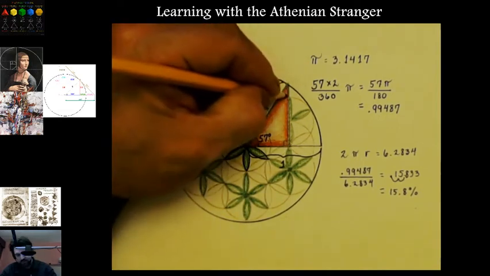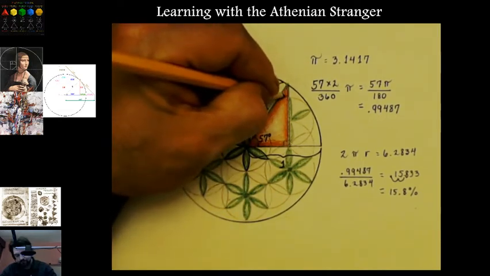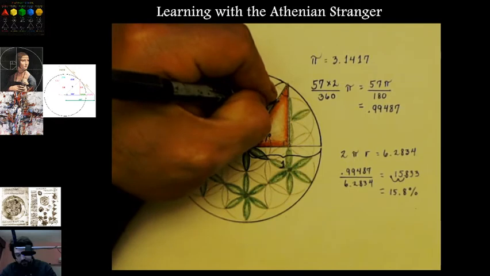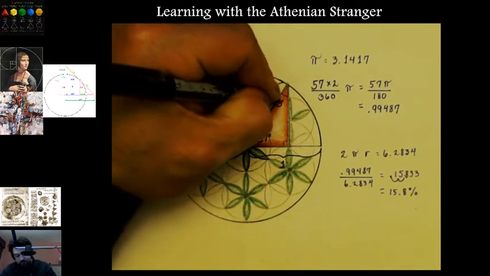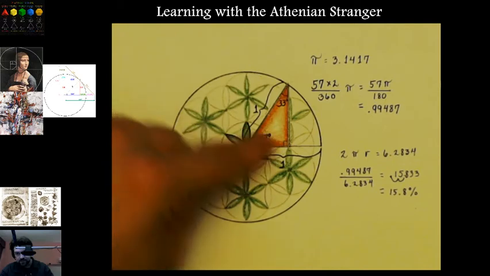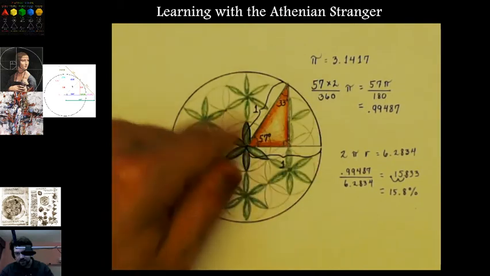Now we're going to draw that right on this image. This is 33 degrees. So we have 33, 57, and 90. Those add up to 180.